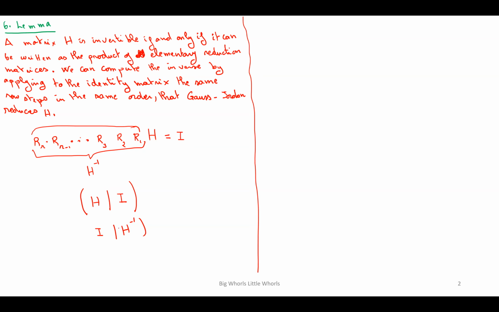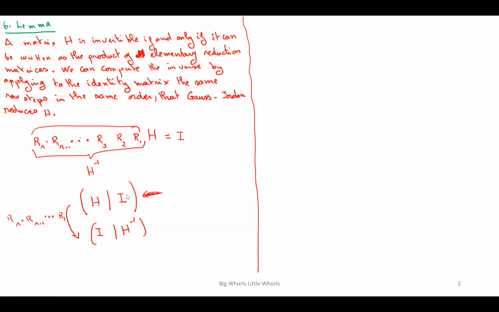Let me call it H inverse. Is that okay? If we apply the R's here, R1 up to R_k, if we do the same steps to this augmented matrix, then we will end up with this new matrix.